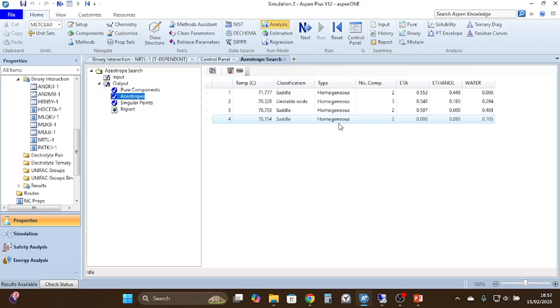These two different phases can be vapor and liquid, or liquid and liquid. The best example is the ethanol, water and methanol mixture, which forms a homogeneous azeotrope in which all the components mix completely in a single phase.